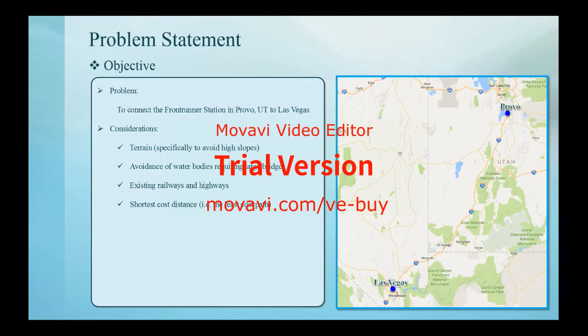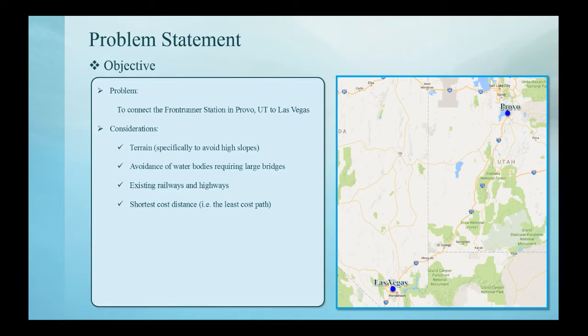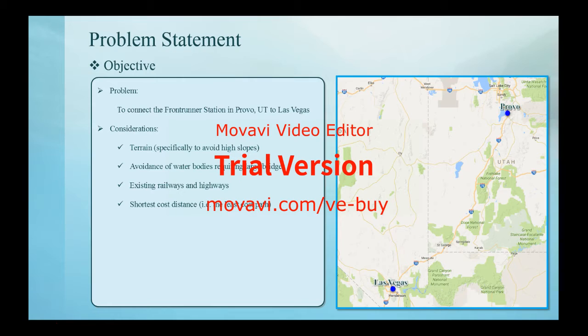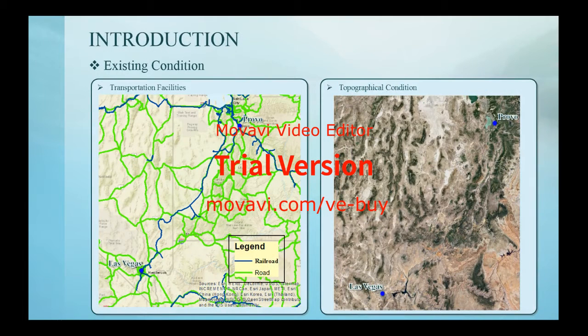To make an efficient railroad, we have to consider the existing railroad and highways. And of course, the fourth is the shortest cost distance, to find the best and most efficient way to Las Vegas.